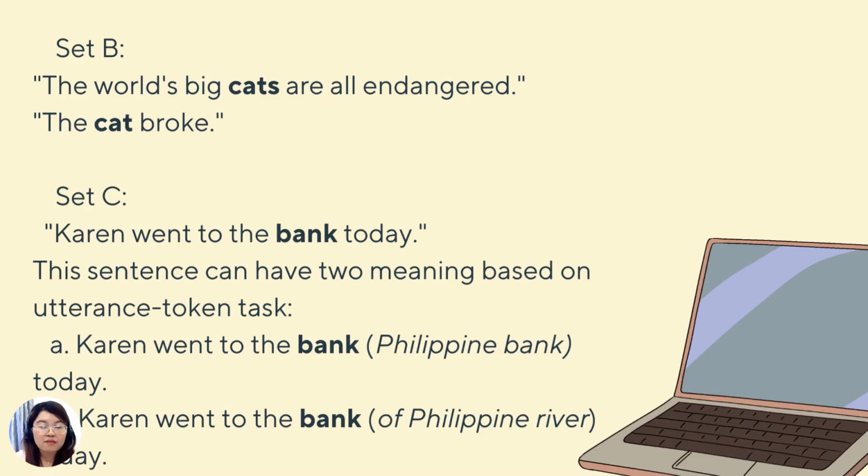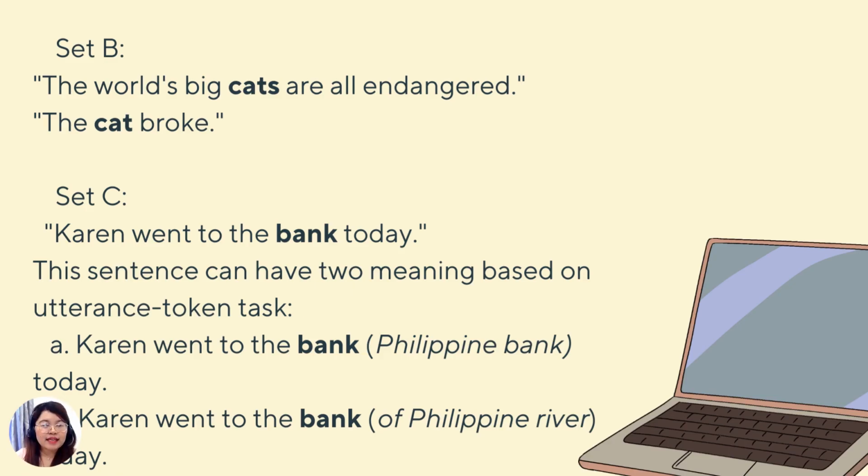The cat there means a statue or a figurine that is being broken. It is not literally the cat. The literal meaning of cat is that of a small domestic pet. But if we say, oh no, the cat broke, the cat here, in this situation, means a figurine or a statue of a cat that is broken.